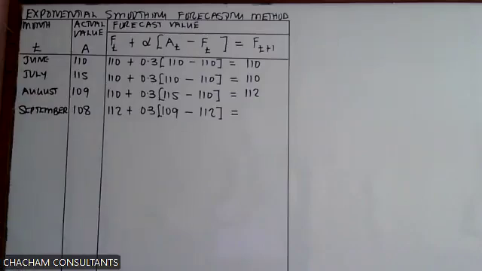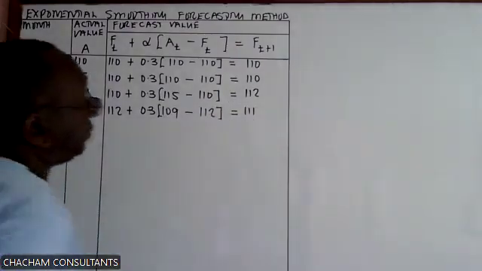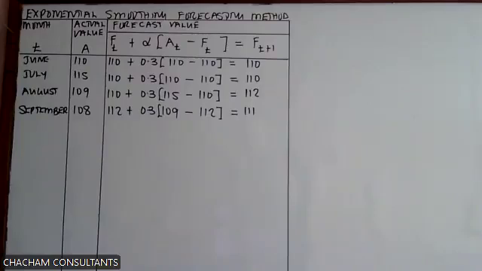If you had worked it out with decimals, you don't have to change your values. But if you are working together with me, then this one becomes 111. We go to October.